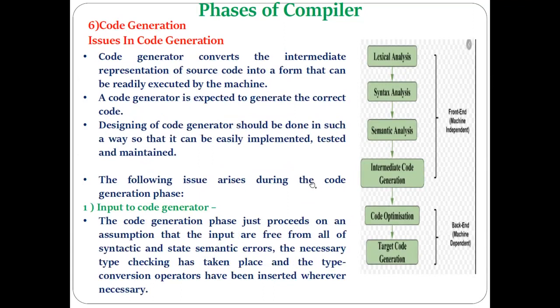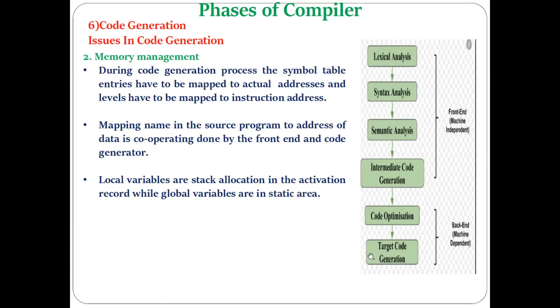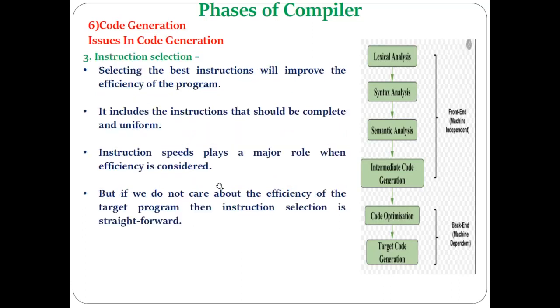It should be error free, it should be in the form of intermediate code, etc. Then the second issue we have discussed related with the target code generation phase is the memory management. How the memory can be allocated to the different symbols by utilizing the symbol table. How the memory can be allocated to the different kinds of variables like the local variables, global variables, etc. That is our second issue in the code generation.